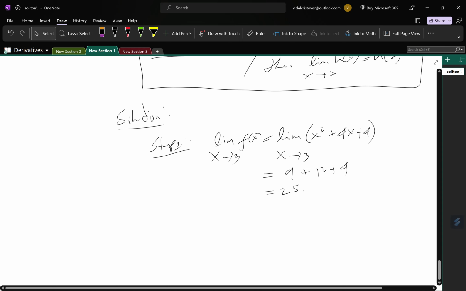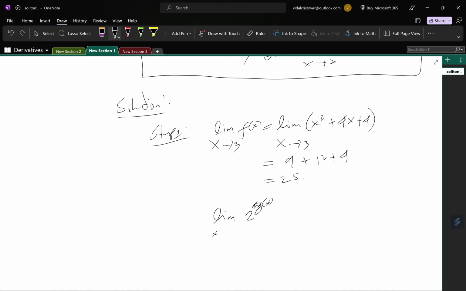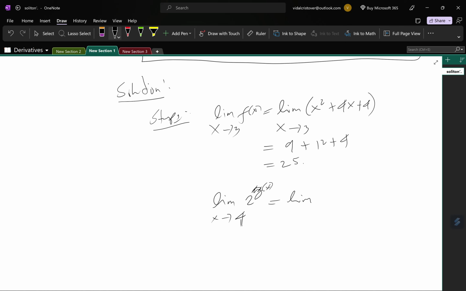Next is the limit of the function 2 raised to the power of g of x as x approaches to 4, so this is equal to the limit of the function 2 raised to the power of x minus 2 as x approaches 4. Now, so nato again na ang exponential functions are continuous.